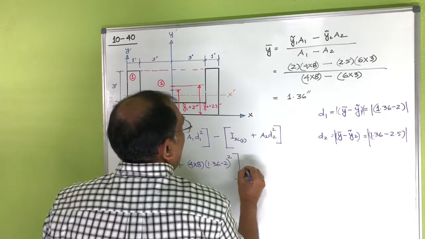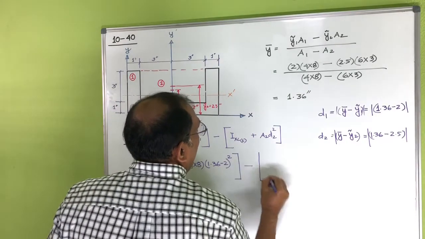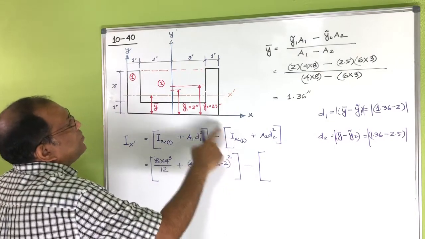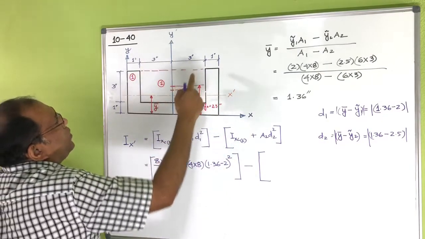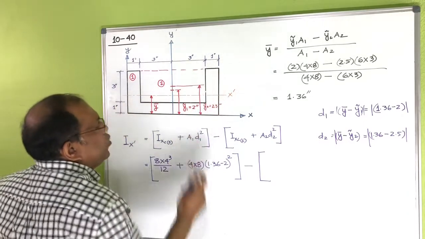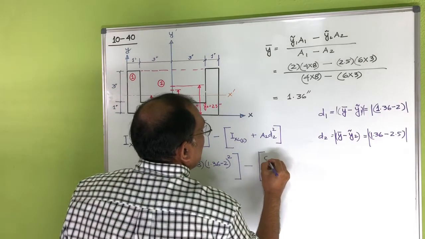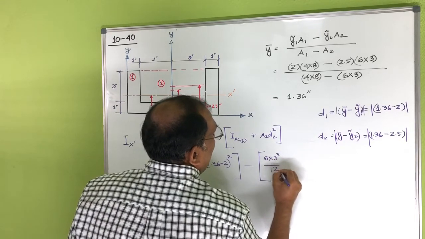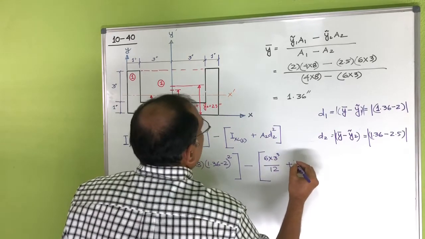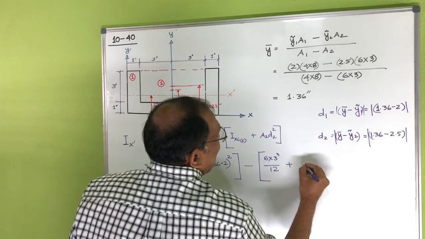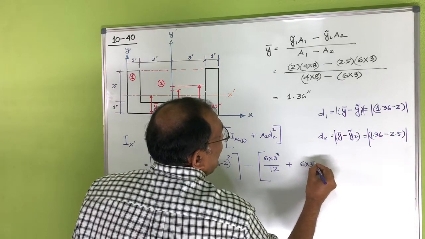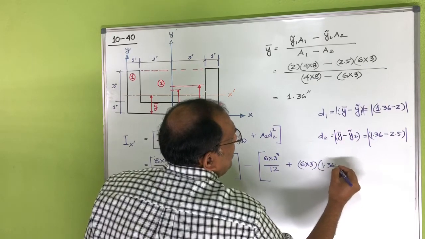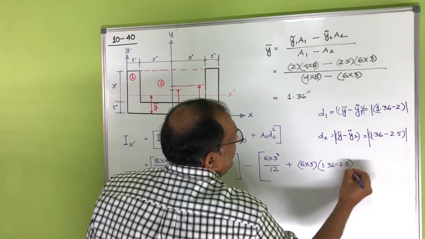Okay, minus the moment of inertia at the centroidal axis for 2. This is my 2. You can see this is 6 into 3 cubed divided by 12 plus A d square. A is 6 into 3 and d2 is 1.36 minus 2.5 squared.